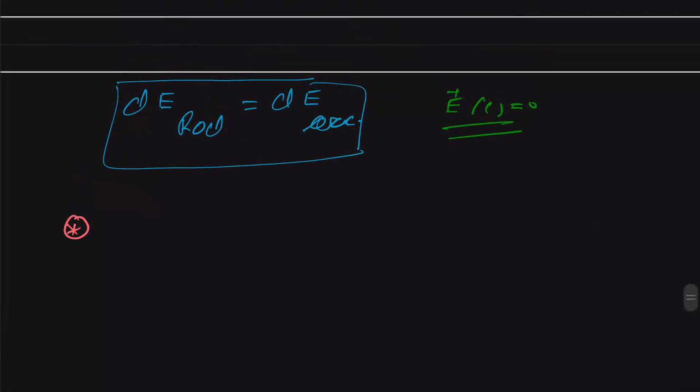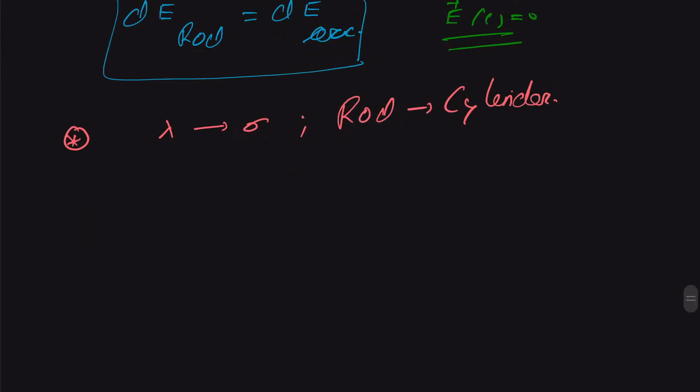So we know that our lambda will be replaced by sigma now, and the rod will be replaced by the cylinder, and the semicircle will be replaced by the hemisphere.